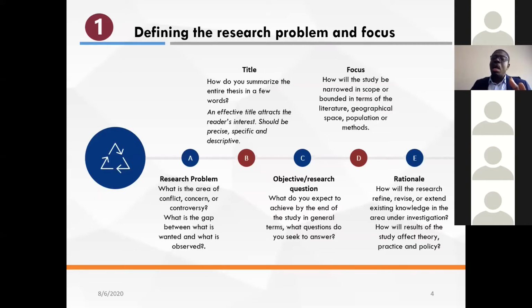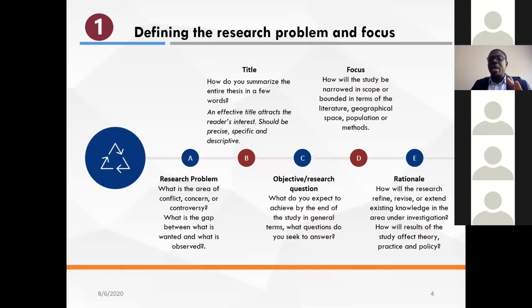And so how would your research be narrowed down? Typically, we have the delimitation. The delimitation talks about the boundaries that you have imposed on your work. For instance, the geographical area that you want to concentrate your study on, or the methodological scope of your work, or the population, and so on and so forth.